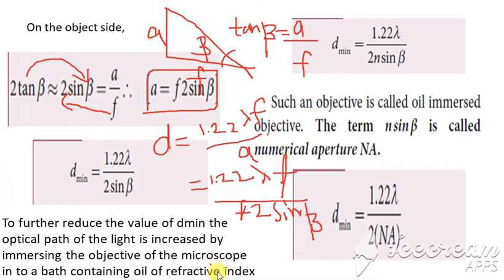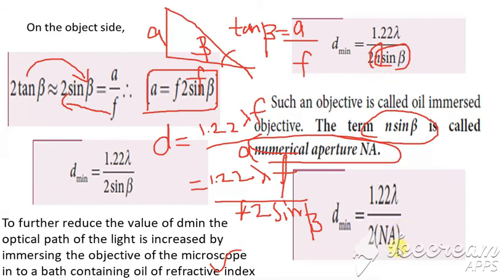Here we are considering the refractive index n, and the term n sine beta is called the numerical aperture. So instead of n sine beta we write NA. So d minimum is equal to 1.22 lambda divided by 2 NA. This gives the resolving power of a microscope.